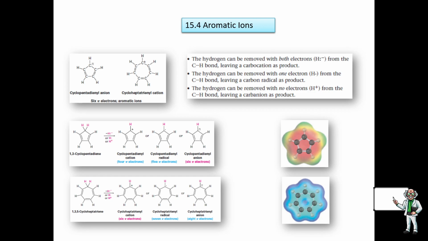The same idea of aromaticity can be used in aromatic ions. Here we can see aromatic ions, and we can see this example of the cyclopentadienyl anion. The cyclopentadienyl anion is basically a 5-member ring with 2 double bonds where we remove 1 proton and we have a pair of electrons in one of the carbons.